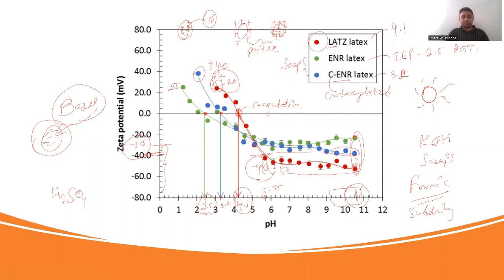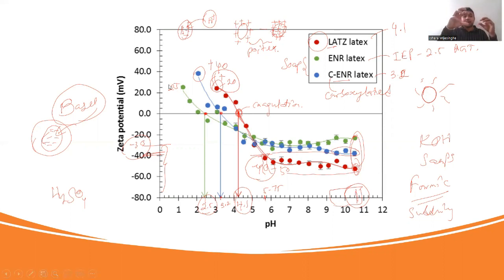So in a sample, do all the particles have the same zeta potential? No, it is an average, an accumulation. So this will give an average. That's why we have to run at least 3. Then we can average the averages, take the mean of the mean.